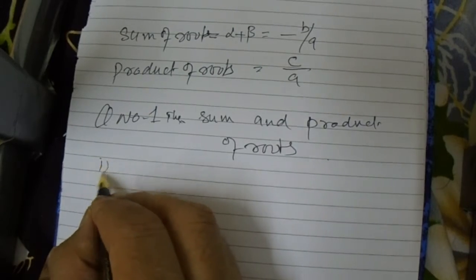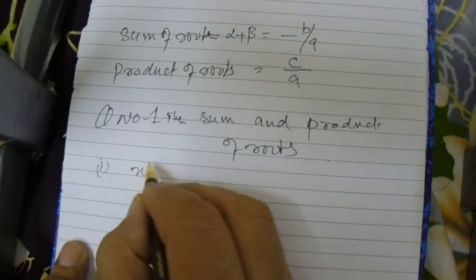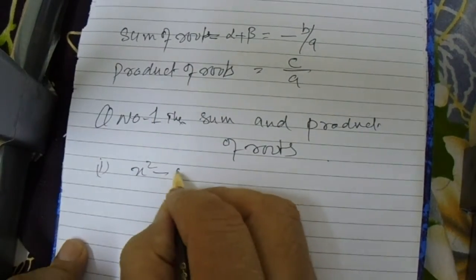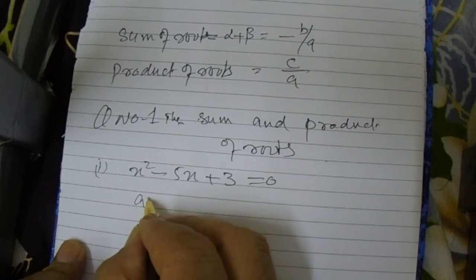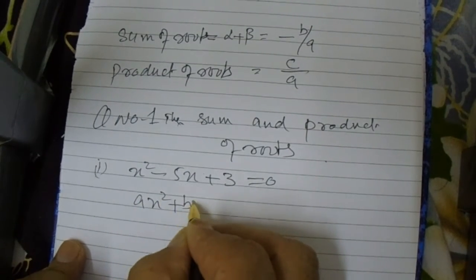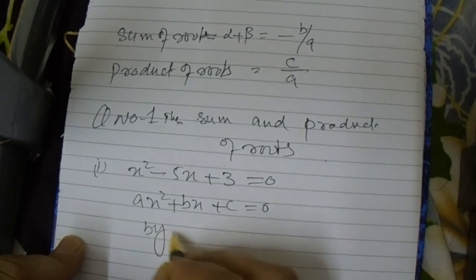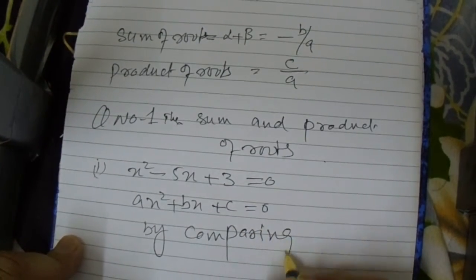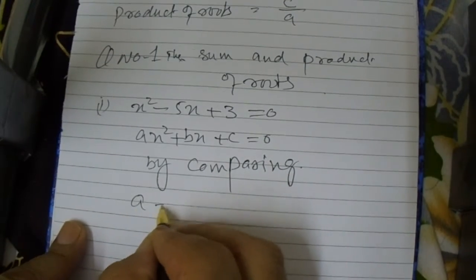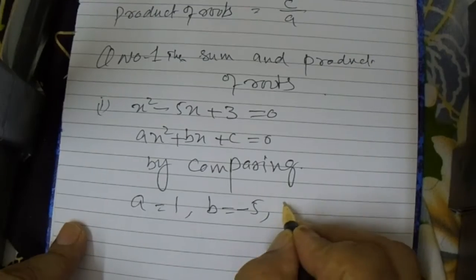The first part is given, it means x square minus 5x plus 3 is equal to 0. We write here ax square plus bx plus c is equal to 0. By comparing, we know that a is equal to 1 and b is equal to minus 5 and c is equal to 3.